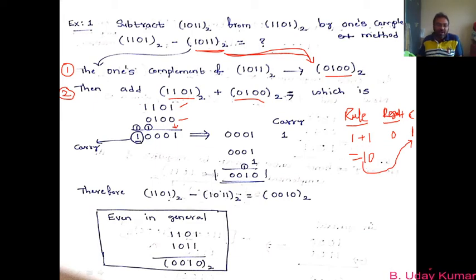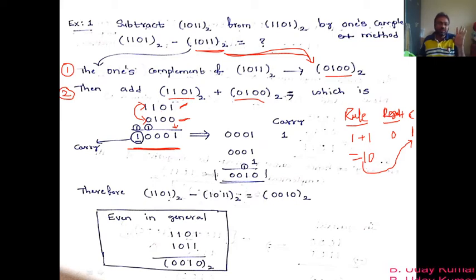Similarly, here we have added two numbers, and we have got a binary number. This binary number consists of 4 digits, and this binary number also consists of 4 digits. So the maximum number of digits that we have in these two binary numbers is 4, right?